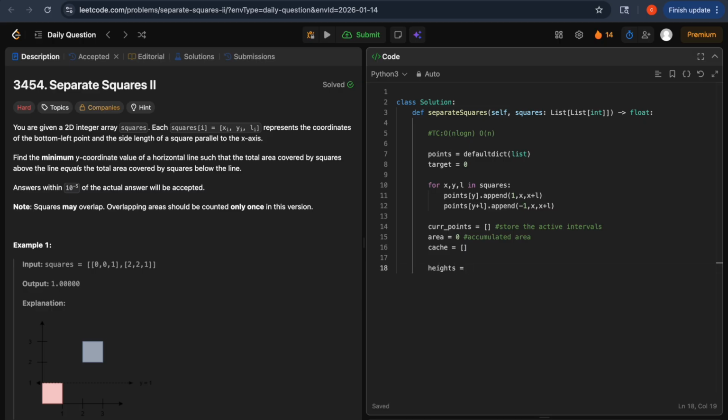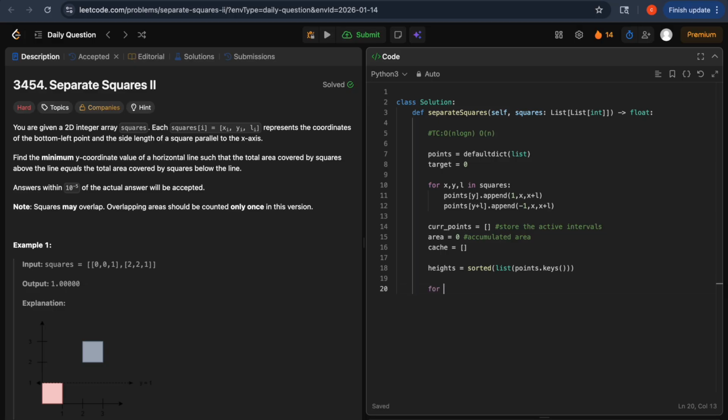Heights is equal to sorted list. How do we store it? We are fetching it from the points, because we have the keys as y coordinate values, right? So points keys, right? Yeah.